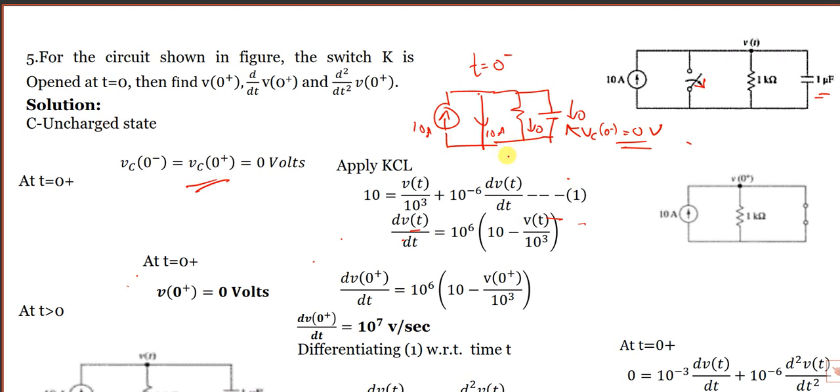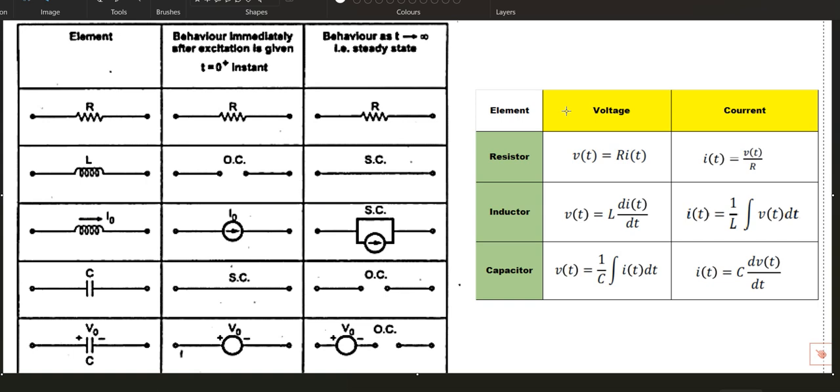Next, at t is equal to 0, the switch is open. When the switch is open, what is the new circuit? You remember the table, how the capacitor behaves at t is equal to 0 plus.